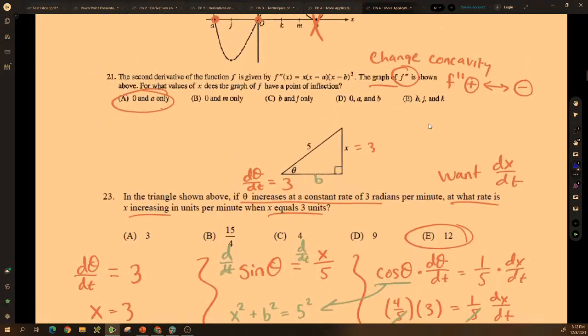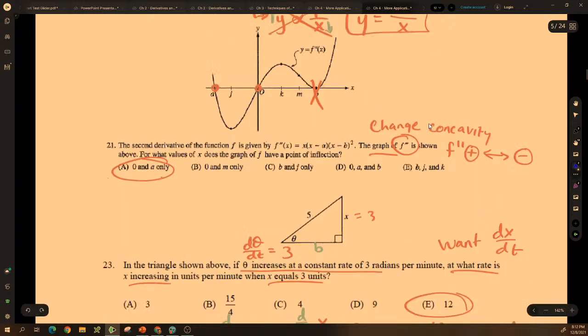All right, next up we have a second derivative equation. The second derivative is given by this equation: f double prime of x equals x times (x minus a) times (x minus b) squared.